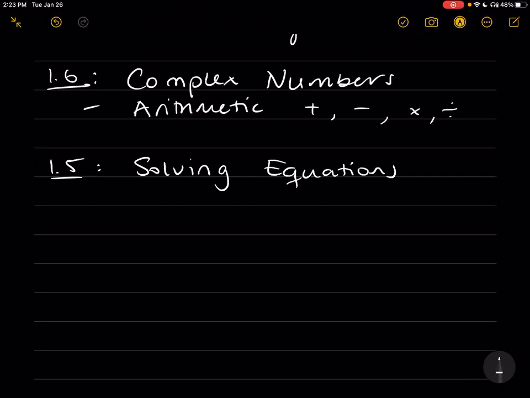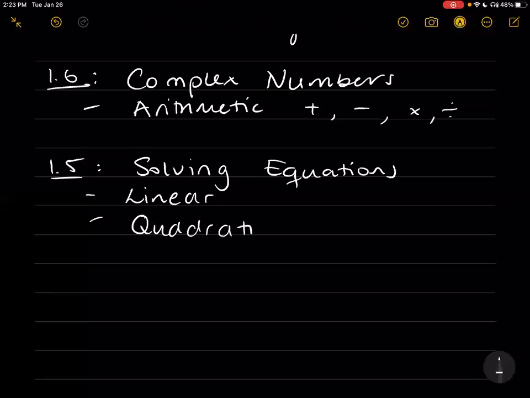And section 1.5 is where things really started to hit the fan. So we talked about solving linear equations, also quadratic ones. And specifically, we talked about the quadratic formula.